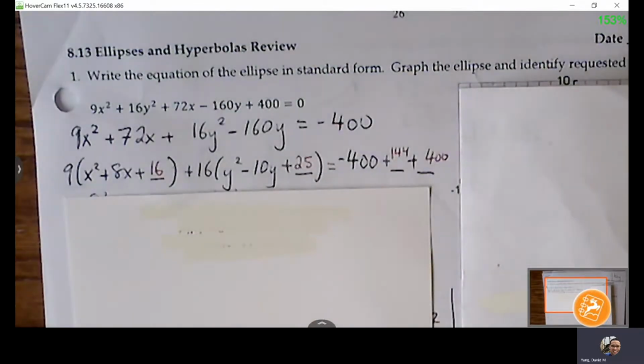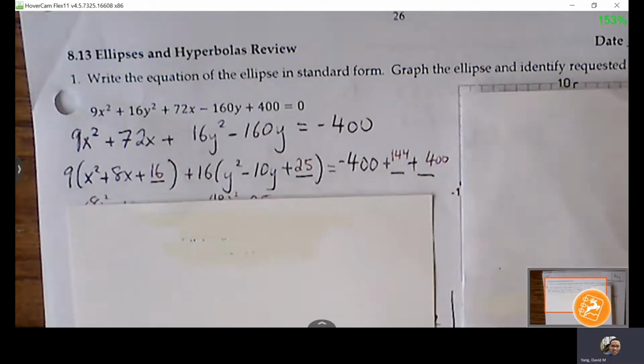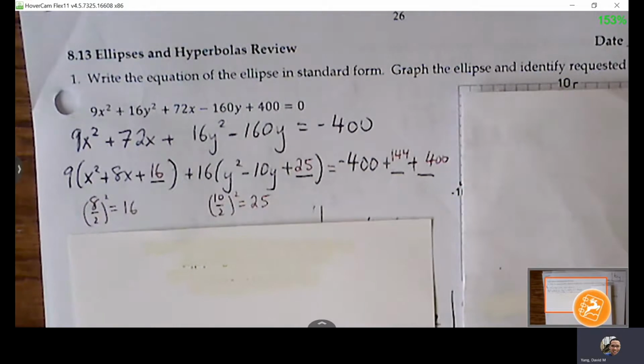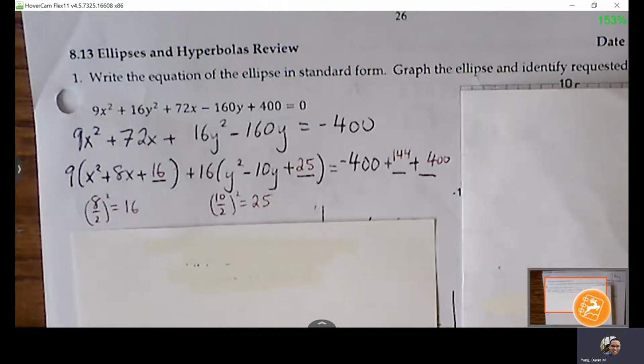Factor out a 9 for the x's, factor out 16 for the y's. Complete the square, (b over 2) squared. Careful, if there's something outside the parentheses, that indicates that the spaces on either side are not going to be equivalent with the same number.